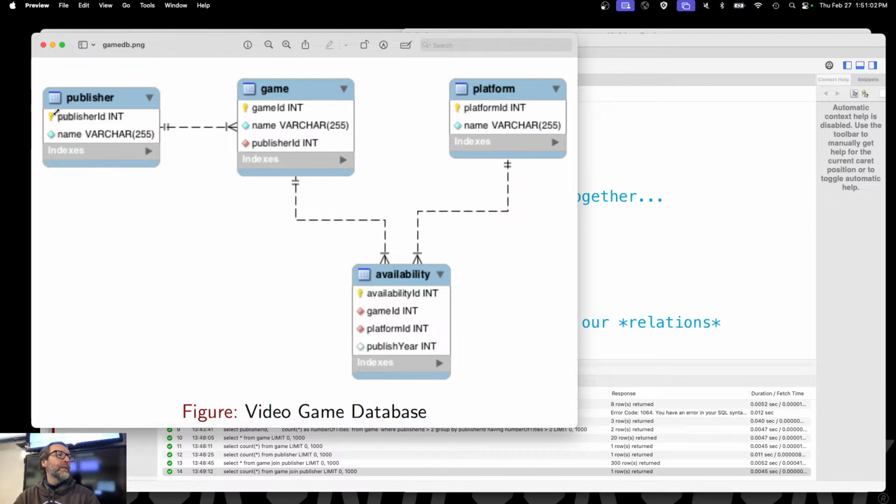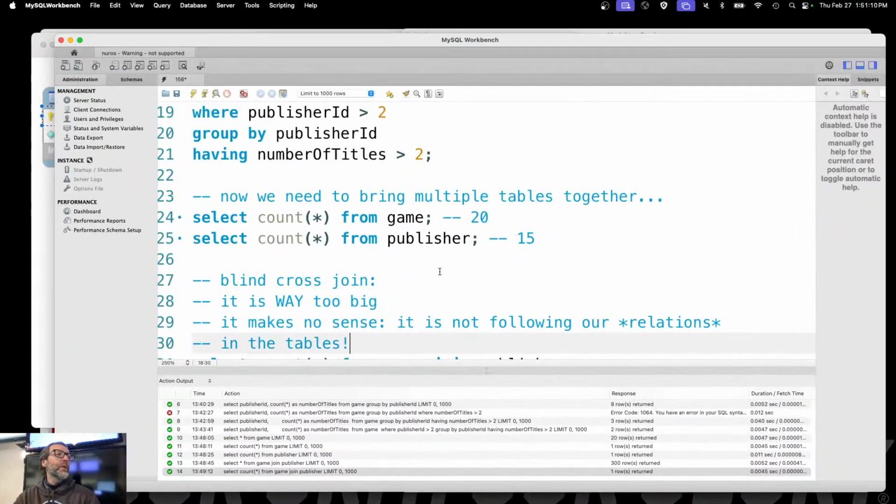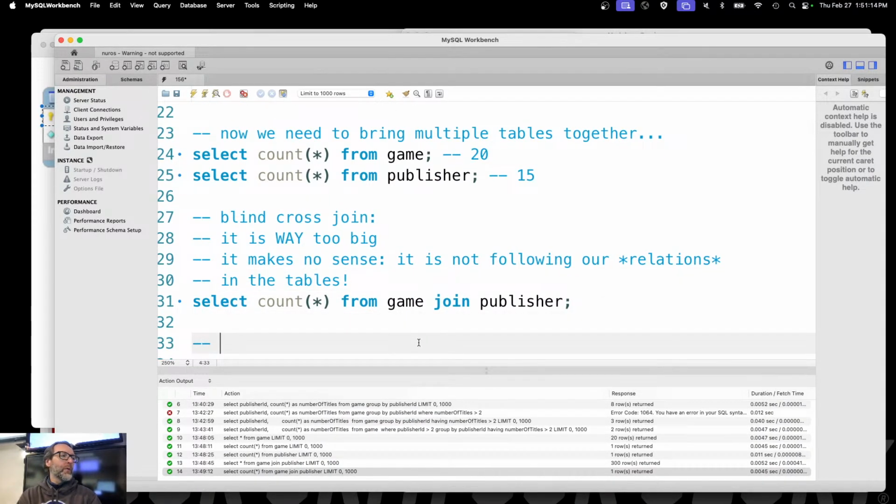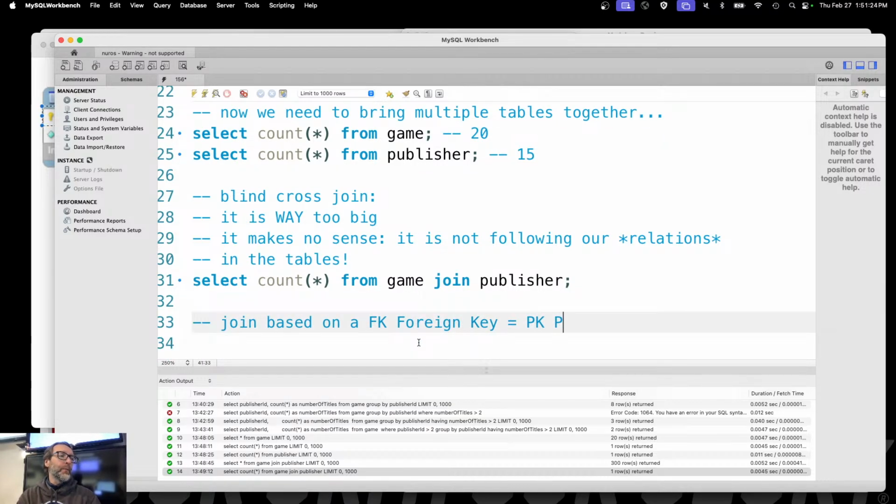In other words, if the publisher ID of the game matches the publisher ID of the publisher, right? So let's winnow that down. I'm not going to do a blind join anymore. I'm going to do a join based on a foreign key equaling a primary key. Remember, FK is foreign key equaling a primary key.